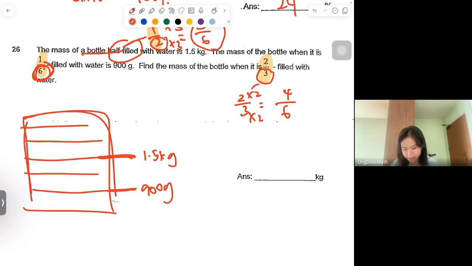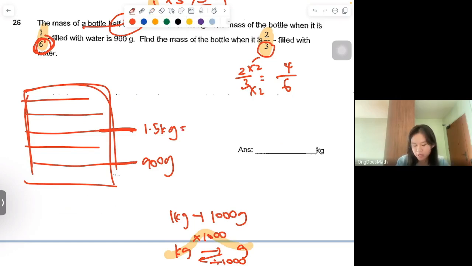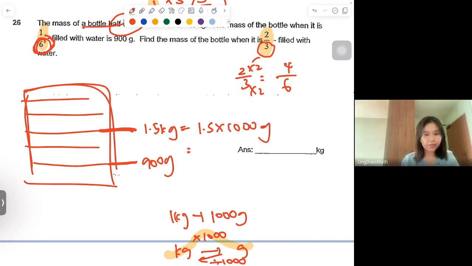Okay, so after we label all of those, we can also see that the units are different. So let's just convert the units very quickly. 1 kg is 1000 grams. So to convert from kg to gram, we times 1000. The reverse is to divide by 1000. This will use the forward direction, kg to gram. So 1.5 kg is 1.5 times 1000 gram. If you times, you just have to move the decimal point to the right.